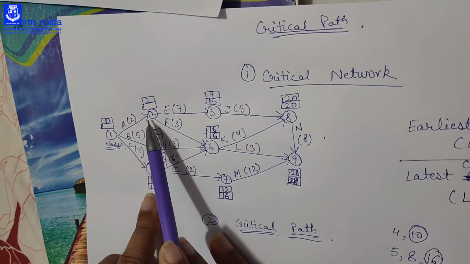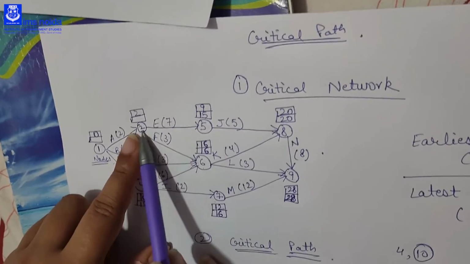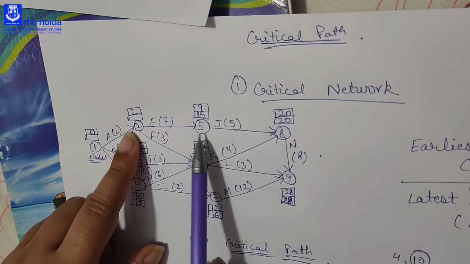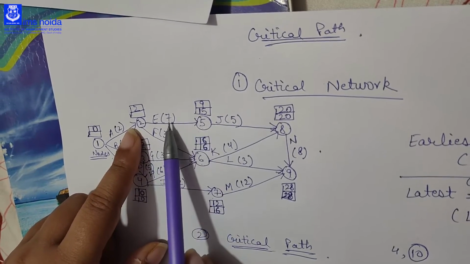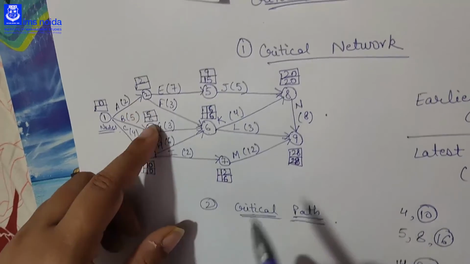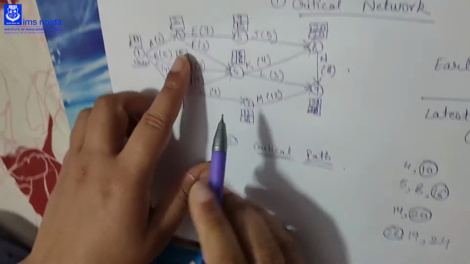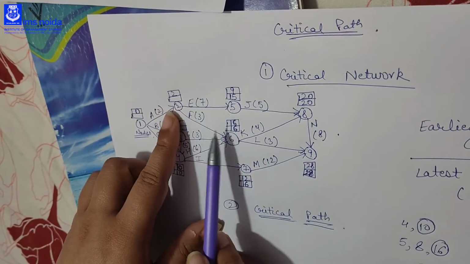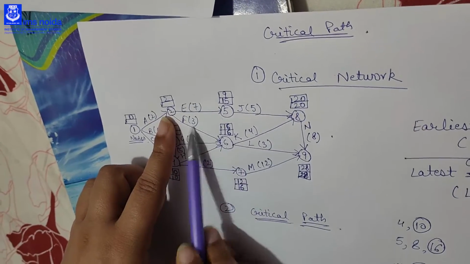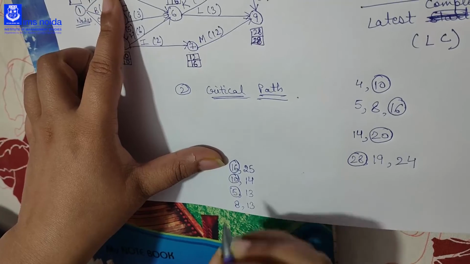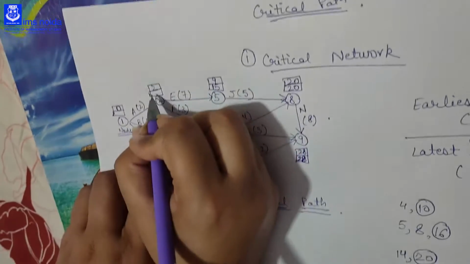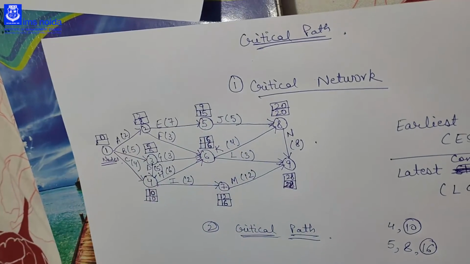Then to come to the 2, there again are two ways, 5 to 2 and 6 to 2. If you are coming from 5 to 2, you will subtract 7 from 15, then you will get 8. And if you are coming from 6 to 2, your time will be 16 minus 3, that is 13. So the minimum is 8. So you will get the 8 here.